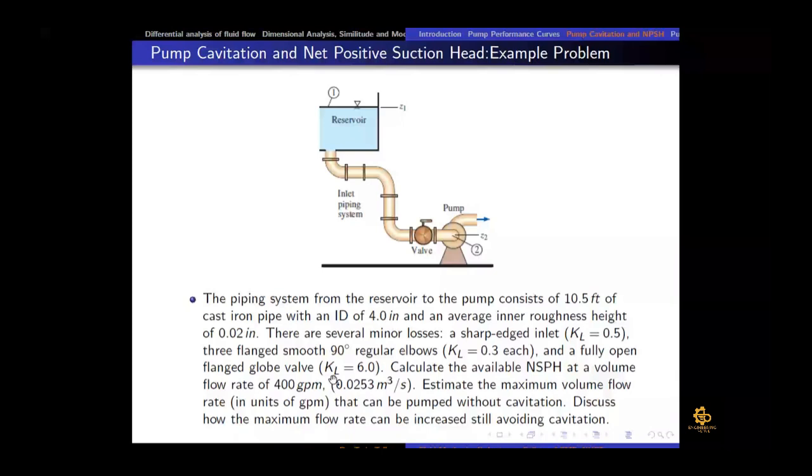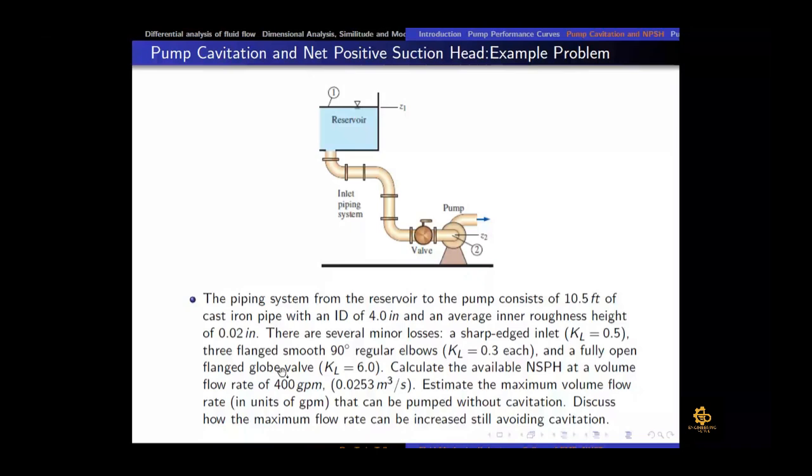Then for this pump system, we need to calculate the available net positive suction head, NPSH, at a volume flow rate of 400 gallons per minute, which is equal to 0.0253 meter cube per second. And then afterwards, we need to determine the maximum volume flow rate that can be pumped without cavitation.